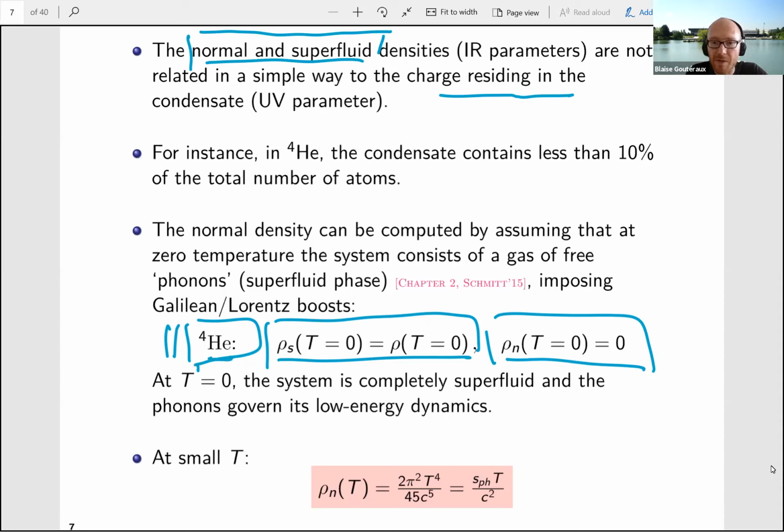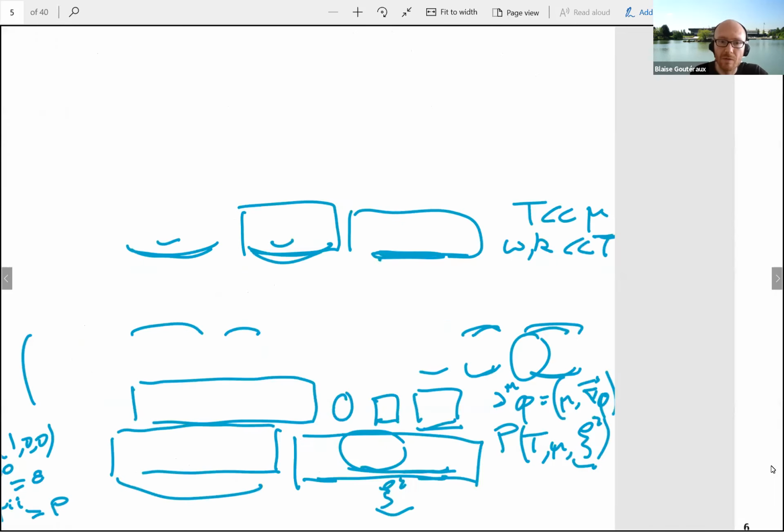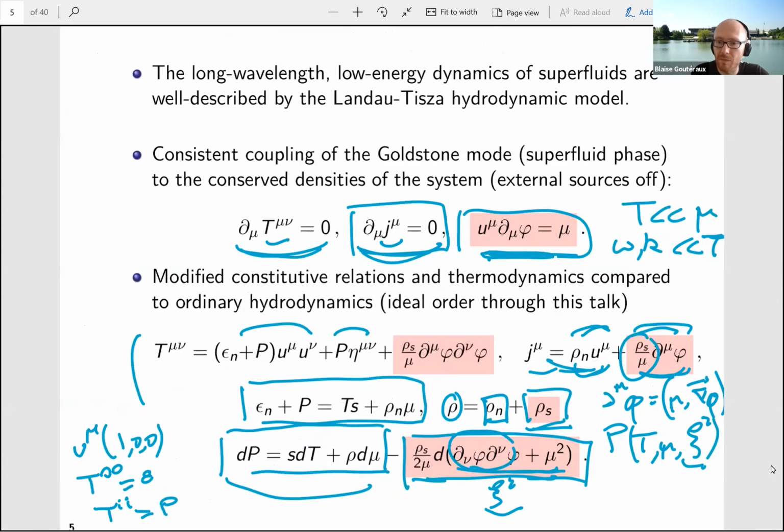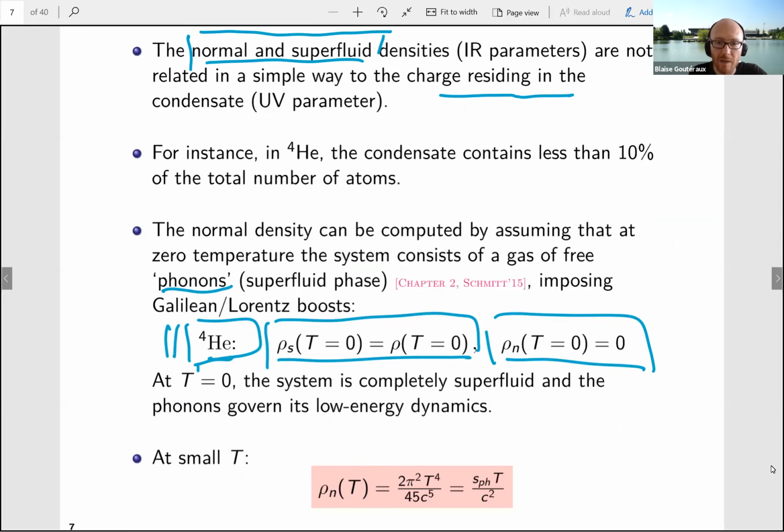From there, you can determine the pressure and the entropy due to these superfluid phonons. After boosting, you can use the constitutive relations, suitably truncated for the Galilean case, and determine what rho n is. And you find this result.